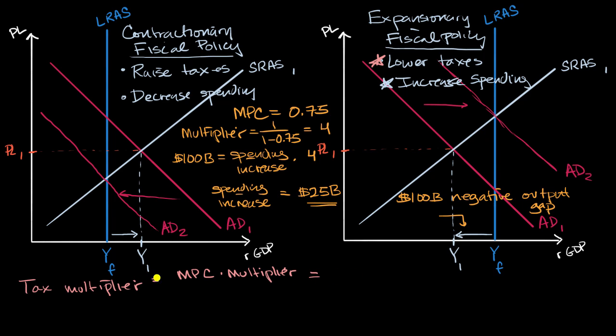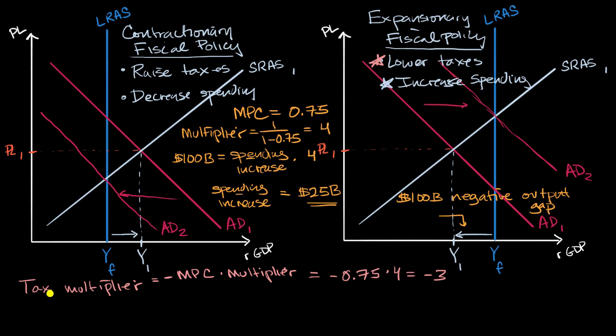In this case, it's actually the negative of that, because if you increase taxes, then that is going to decrease spending and vice versa. So this is going to be equal to negative 0.75 times 4, which is equal to negative 3.